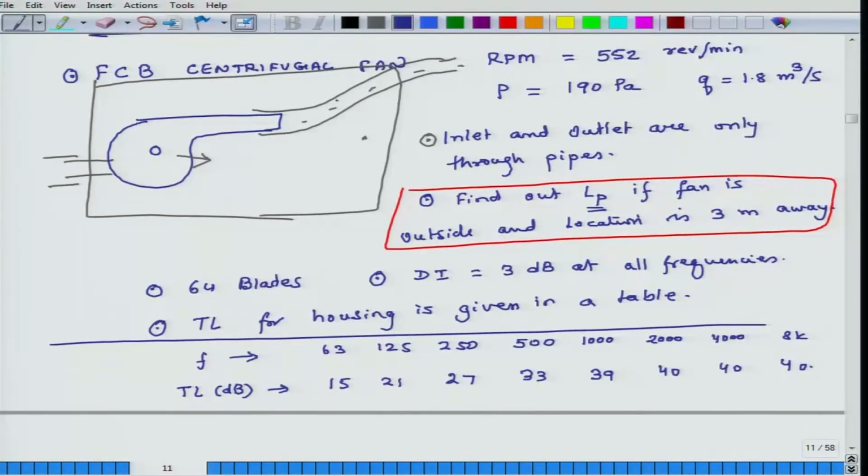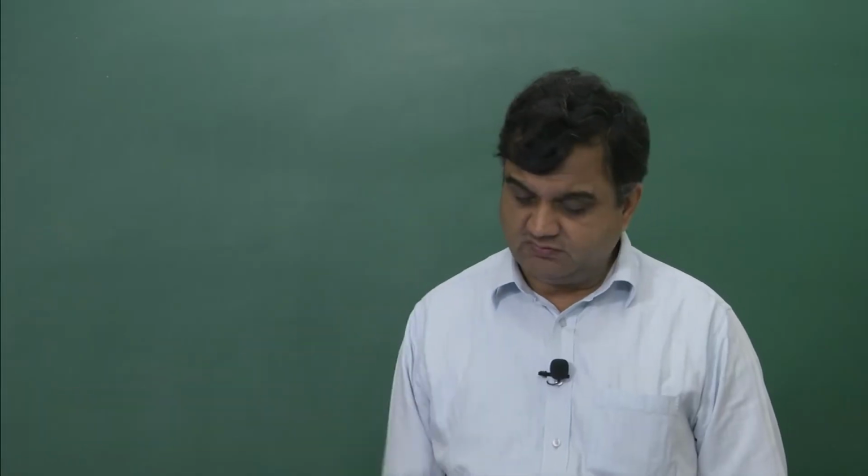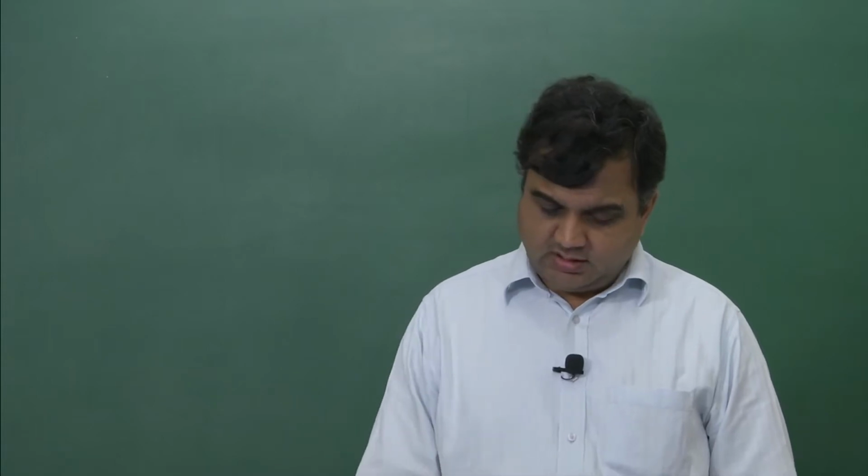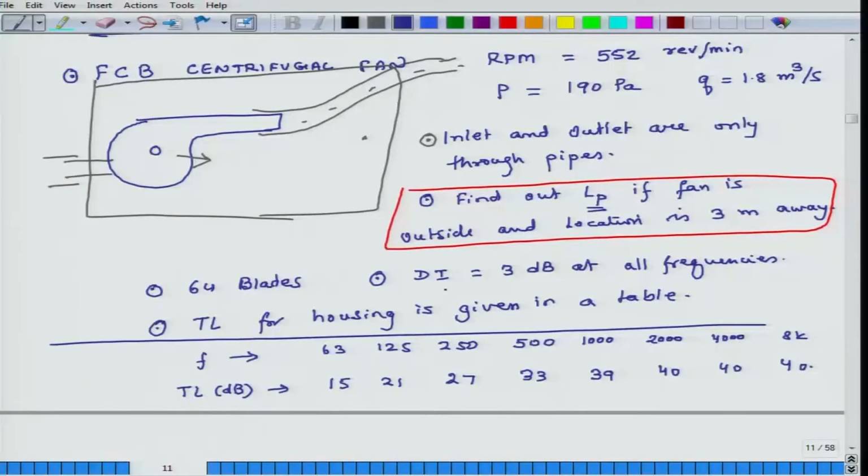The inlet and the outlet are not throwing out air in the open; actually, it is taking air through a pipe to somewhere else. It has 64 blades. The directivity index with respect to the point of observation is 3 decibels. The transmission loss for housing is given in this table.